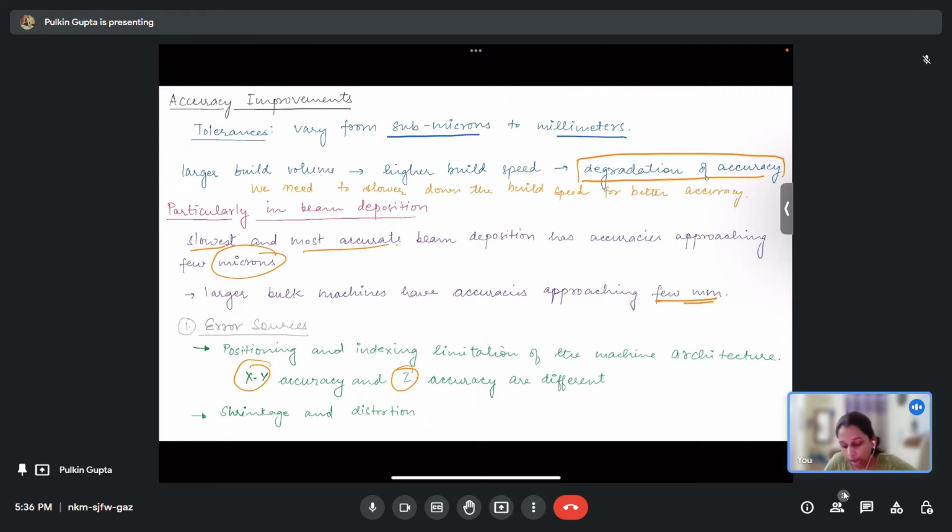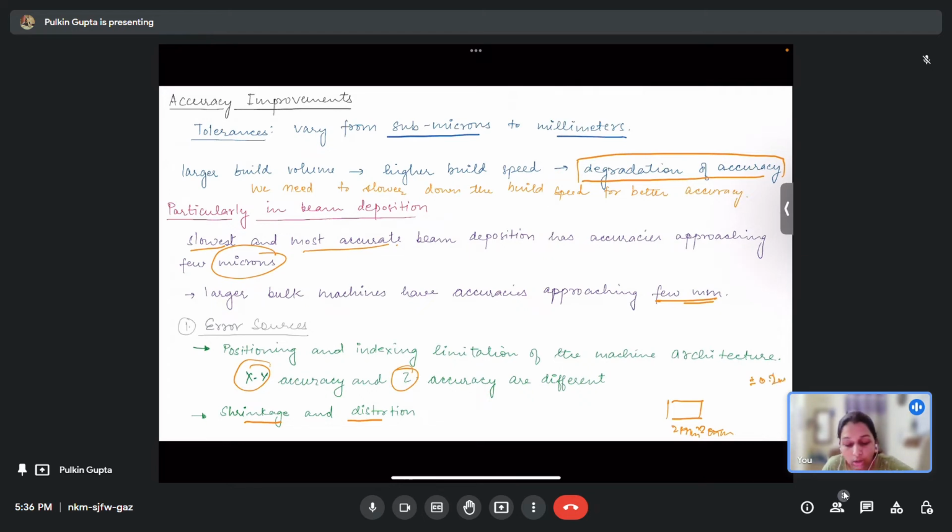Another one is shrinkage and distortion. Suppose you want to print a cube of 2 cm by 2 cm, and this has an accuracy of plus minus 0.2 mm.